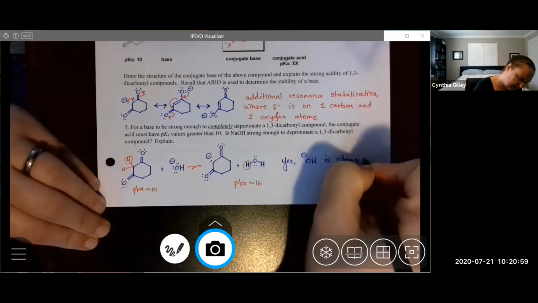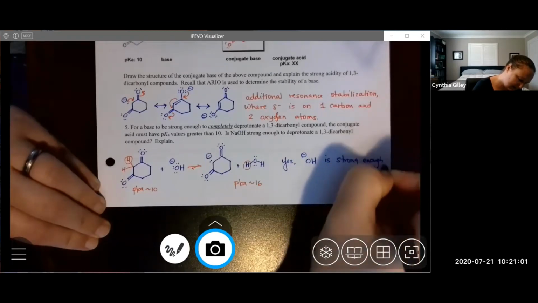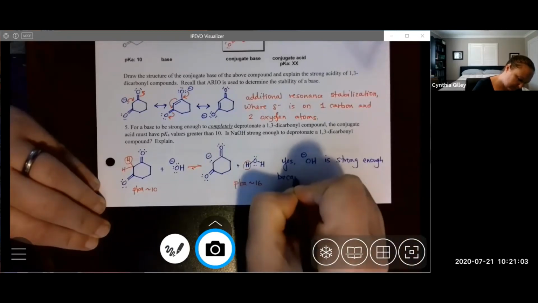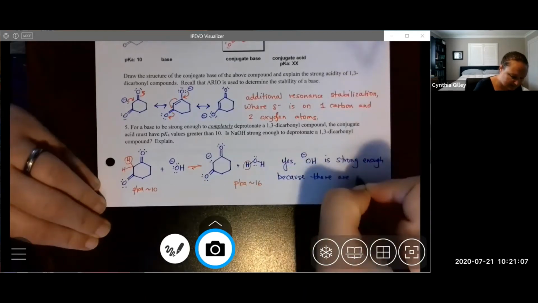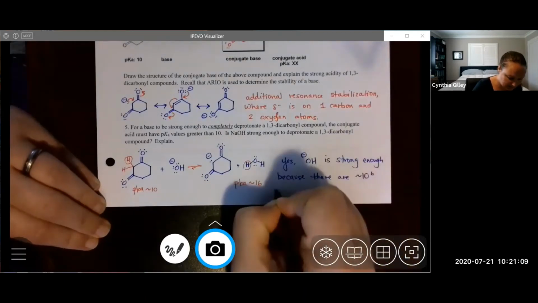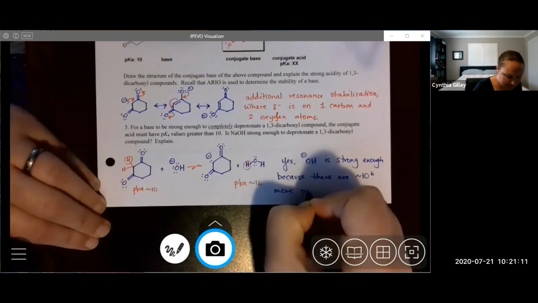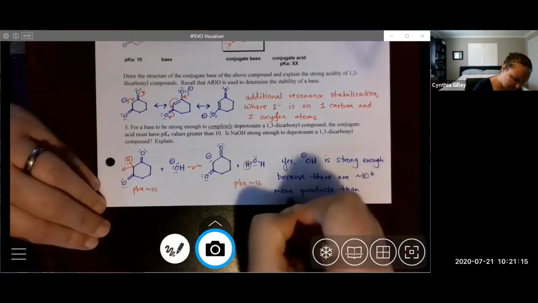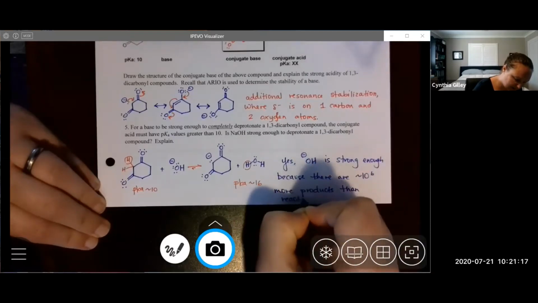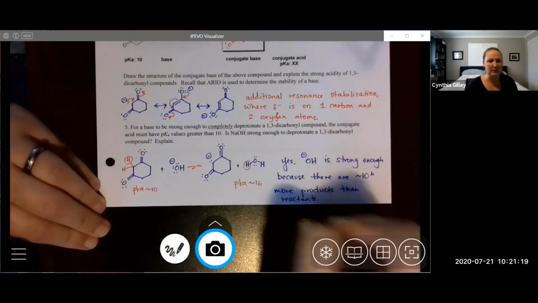Okay, and so we can say there are approximately 10 to the 6 more products than reactants. So that's a pretty big number. So there's not much of an equilibrium here.